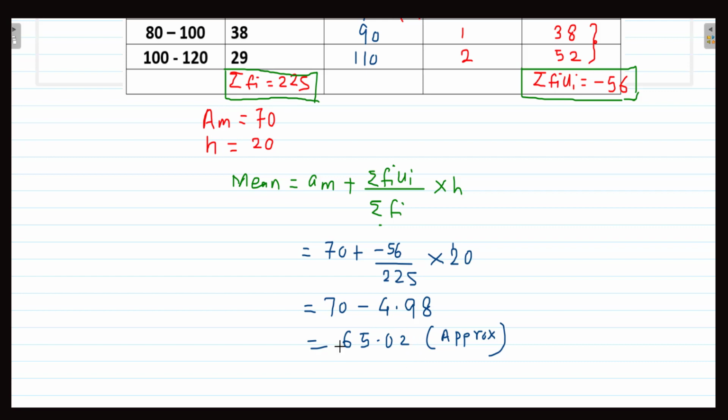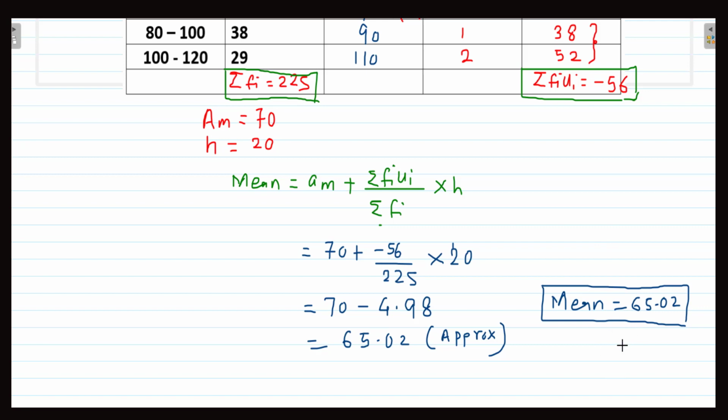So friends, here you have got the mean, and so at the end write the answer, that is, mean is equal to 65.02 approximately, and highlight your answer also. So three steps you have to highlight: summation of fi, summation of fi ui, and then the answer at the end, the mean.